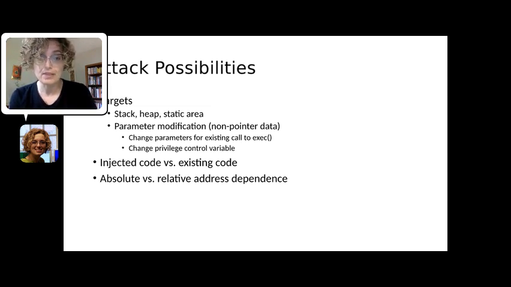So there are related attacks to the buffer overflow. These are called integer overflows. So, for example, Java does not have as large integers as Python. So you can give some really huge integer values as input, and if there's no check, then that could overflow the heap.